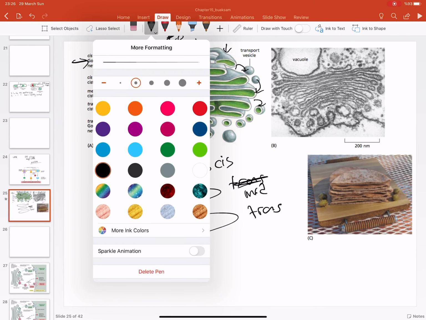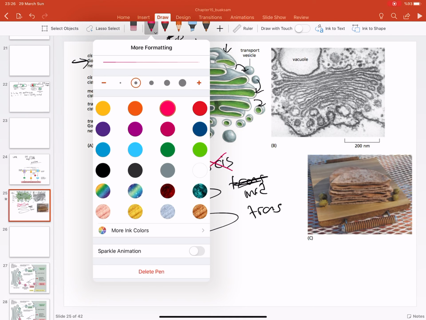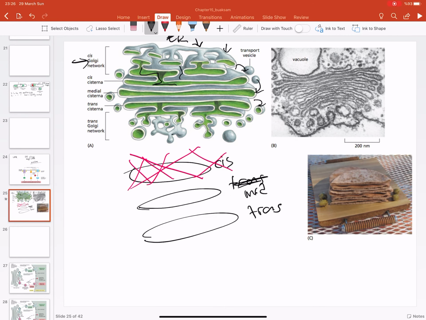Even if you totally delete the cis Golgi, even if there is no cis Golgi anymore, it's no problem, because Golgi is anyway a transient organelle. Soon, the vesicles will come from the ER. They are going to start to accumulate, and once there is a good number of vesicles, they are going to fuse and form a new cis Golgi. And this is the natural course of things.